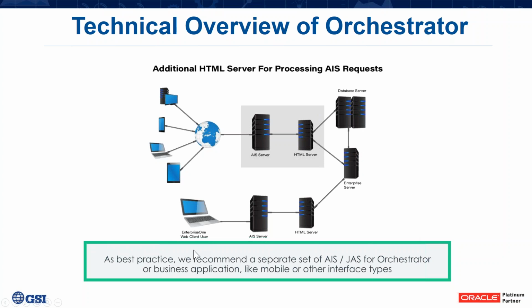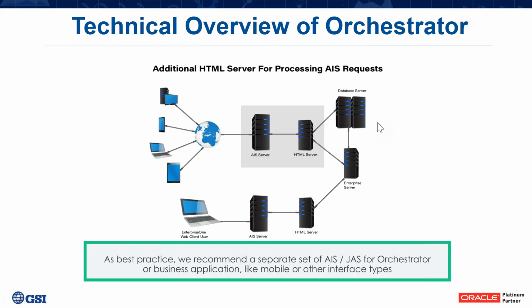Effectively, we're saying if you have web clients or mobile clients trying to get to EnterpriseOne, it might be a good idea to isolate that traffic from the rest of the world, so that your main JD Edwards end users are not affected by the performance of the outside activity. Not that this is terribly taxing on the system. You could create an integration that does tax the system, and it's just a good idea to separate it.